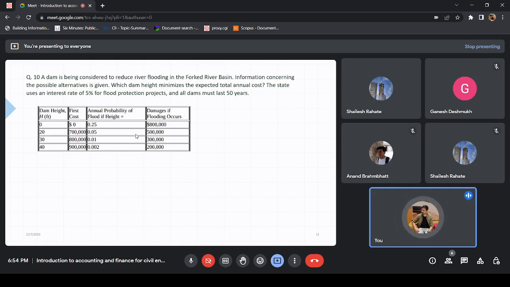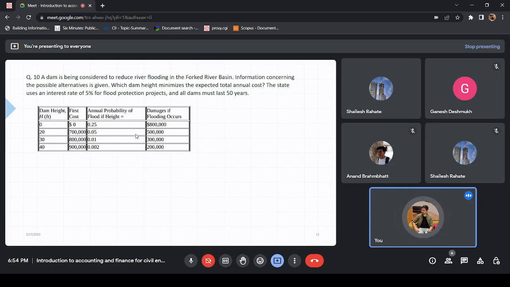Now coming to the interest rate, in government projects you usually take 5% or even less to calculate. Then dams must last 50 years. 50 years in our case, in these calculations, it is almost equal to perpetuity, to infinity. So now what have you been given? You have been given the dam height.